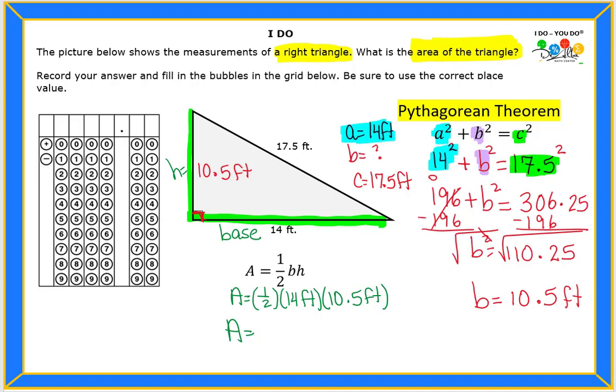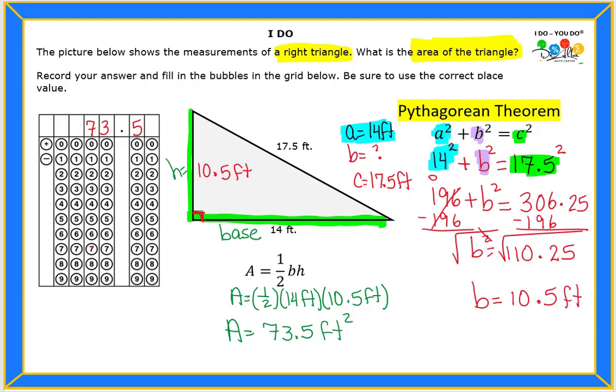Okay? So I get 73.5 square feet. Okay? Since I'm gonna be writing that answer in the gradable, I don't need to worry about the square feet, just the number by itself, which is 73.5. So this is my 73. There's a point already, a decimal, so you don't need to write it down.